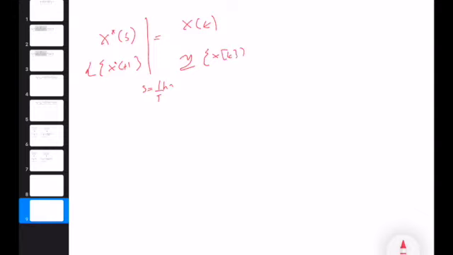Since the starred signal x star of t lives somewhere in between the continuous and discrete domain, it carries information from both worlds. So x star of s carries information both in the Laplace domain, or, if you make the necessary change of variables, also in the discrete domain.